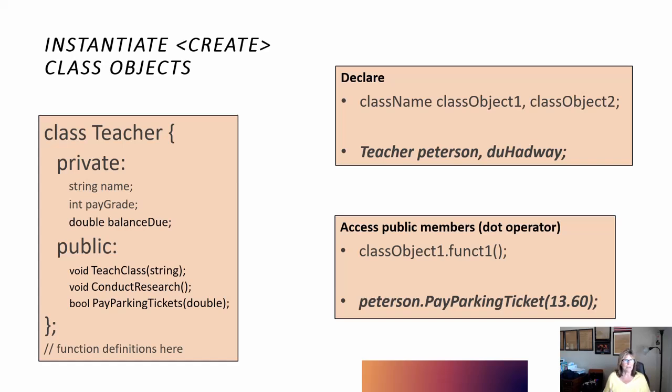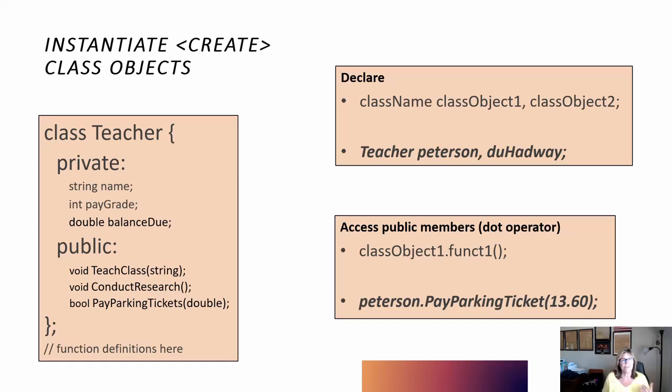So the last thing that I'm going to mention here is what is called the state. Every single class object has instance variables. Now Peterson has a name, a pay grade, and a balance due. Duhadway also has a name, a pay grade, and a balance due. They are called instance variables because Peterson and Duhadway most likely will have different values for those instance variables.